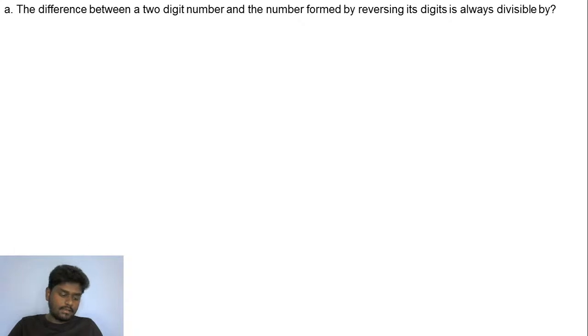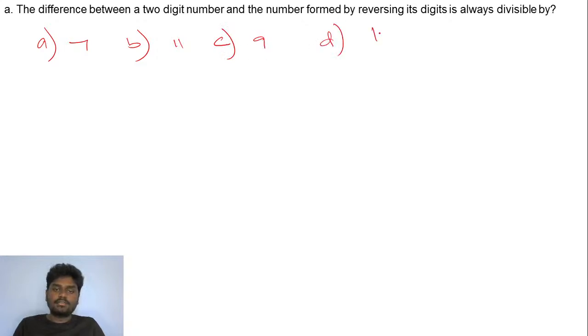Try to do that. I'll give you the options as well for this question. Option A is 7, option B is 11, option C is 9, and option D is 13.